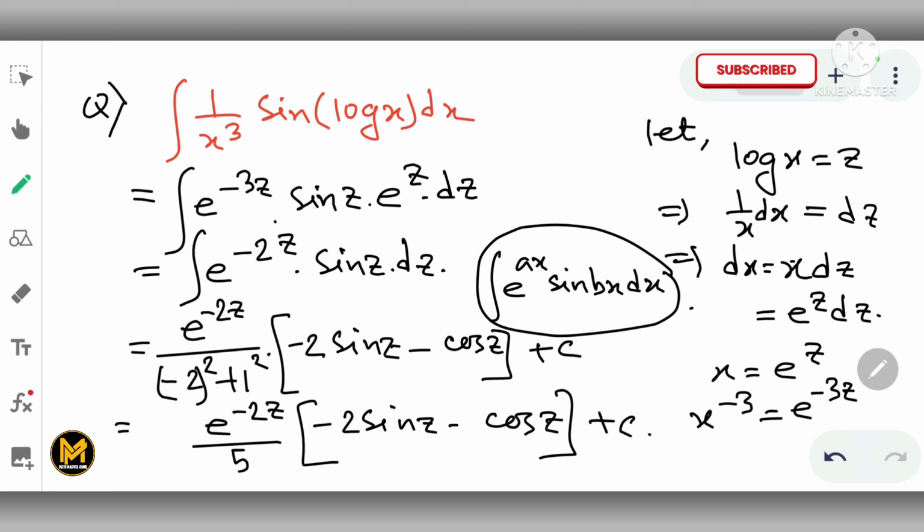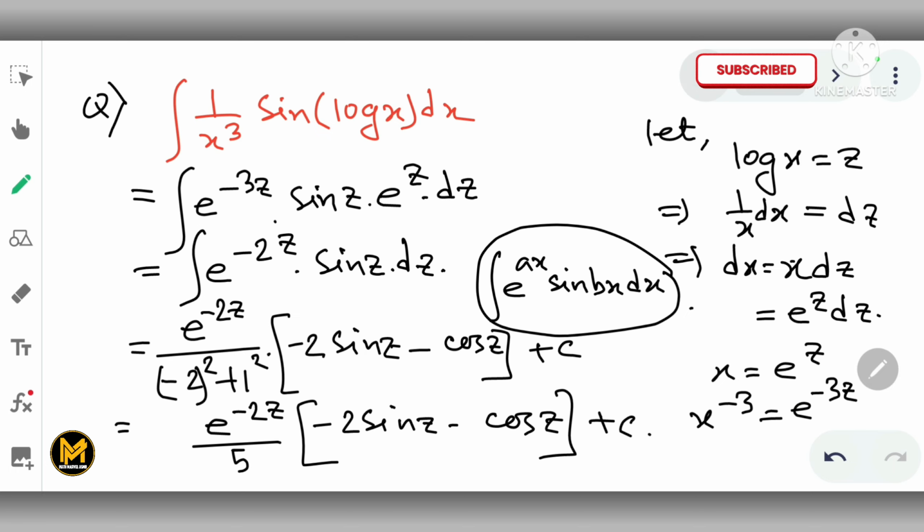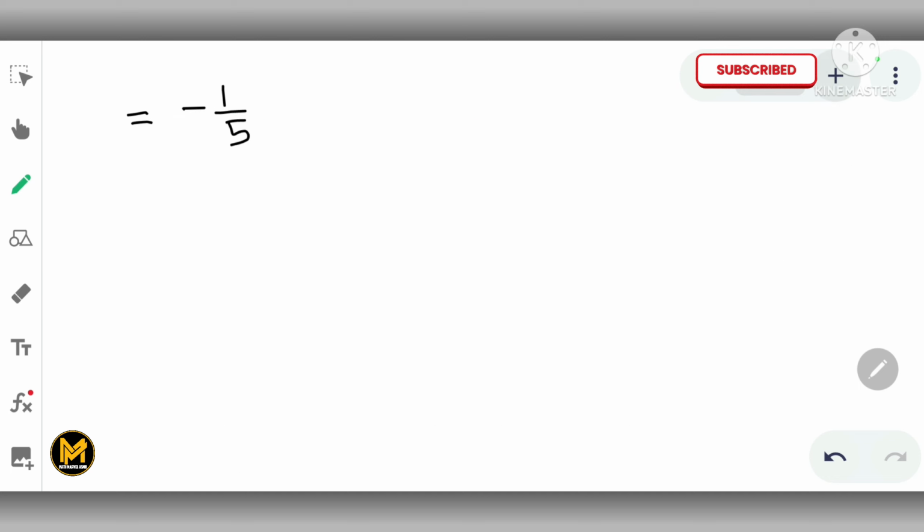Now we will just substitute z with log x. Now we will get, equal to minus 1 by 5, e to the power minus 2z means 1 by x square.